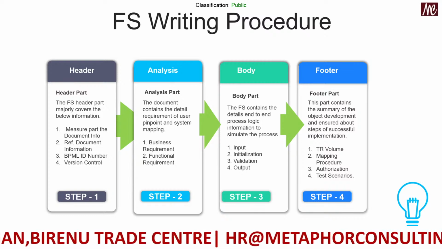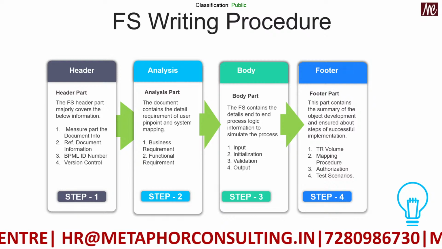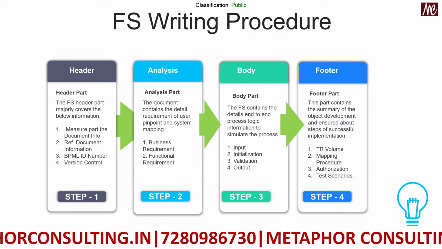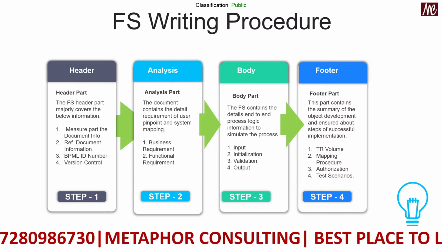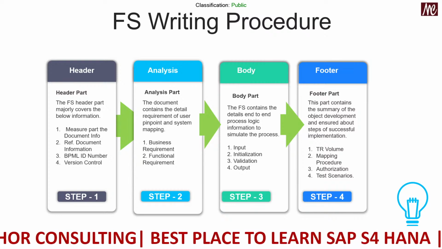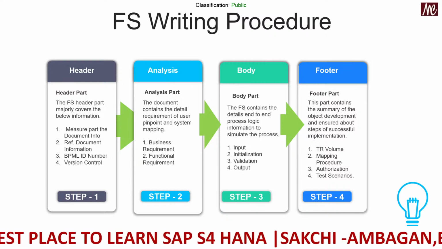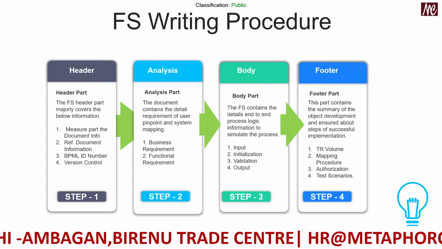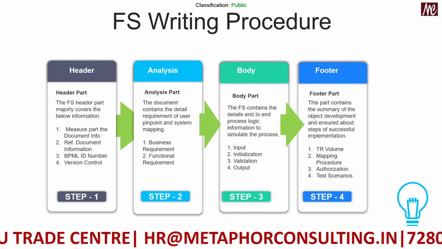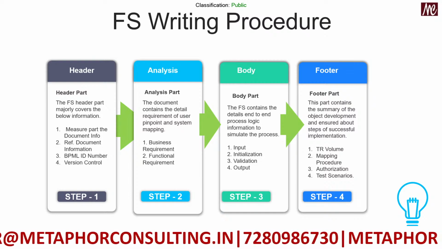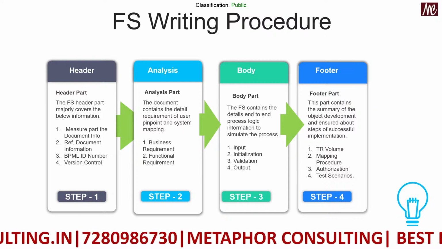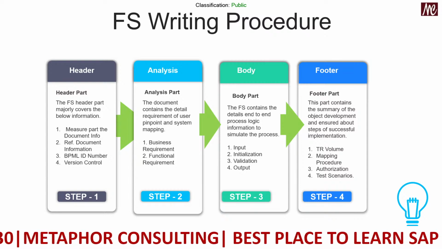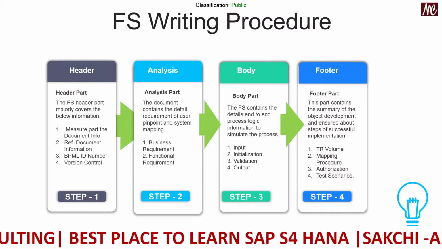Mapping procedures and authorizations are two more important parts, and definitely the test scenario will come into the picture. And the last step I am talking about is the final step, which is the execution one, which is not mentioned over here. Execution will be done in the Agile system by using the Word document.